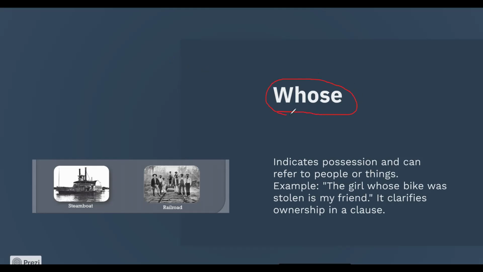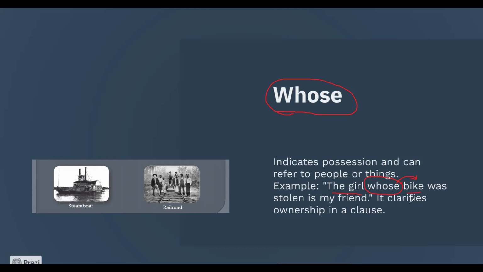Whose. Okay. It is the girl. The girl is a person. But we are not describing the person. It is an object in this case. That is the bike. It's a bicycle.